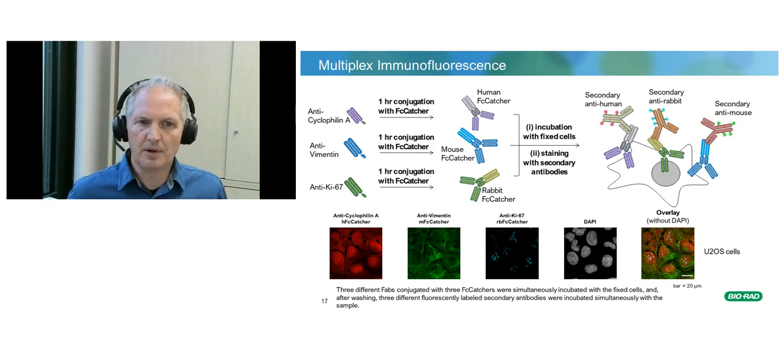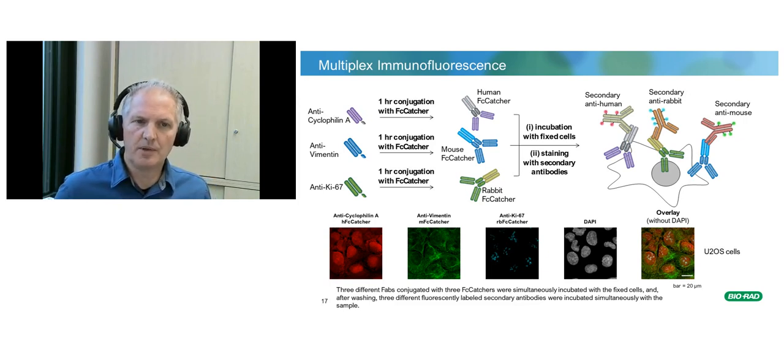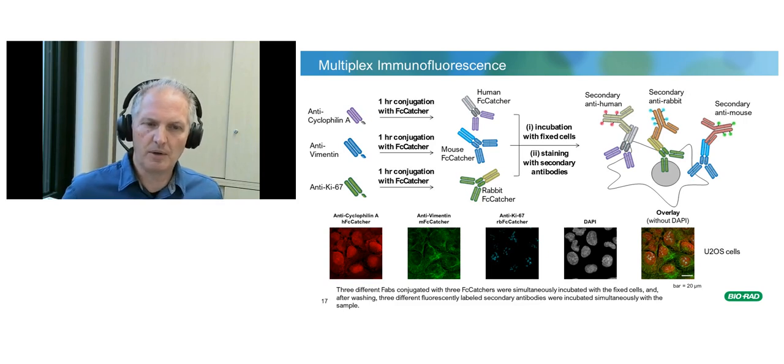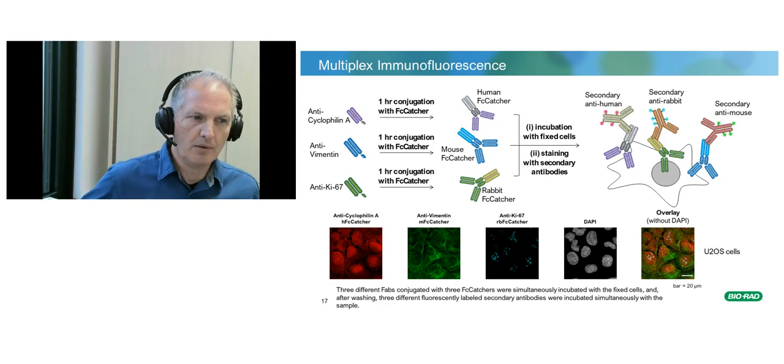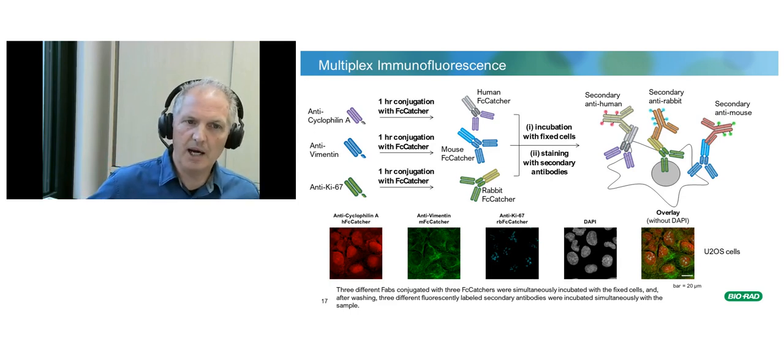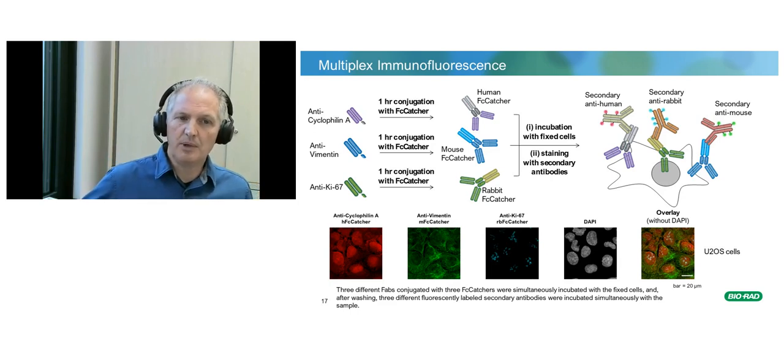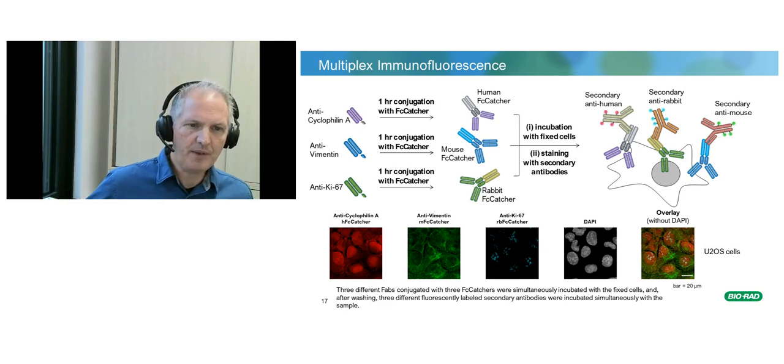Here's an example for the FcCatcher coupled antibodies. So we have different FcCatchers. We have human FcCatcher based on IgG1, 2, 3, 4. We have IgA, IgM, but we also have a mouse version, mouse IgG2A, and also a rabbit IgG FcCatcher.